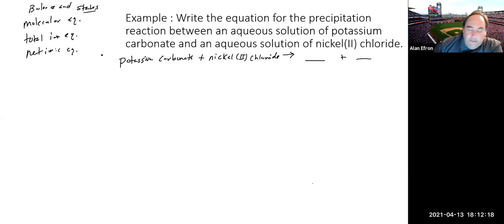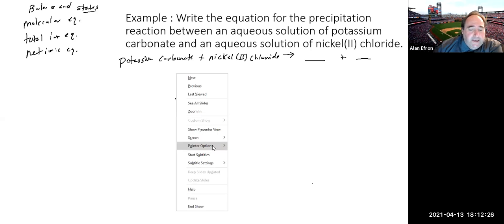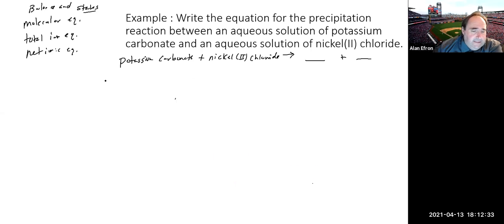Okay, let's take a look and see how you're doing. Before we could get anywhere, we want the molecular equation, which means we need the correct formulas. Here we have potassium carbonate. Potassium is K+, carbonate is 2-, so the correct formula is K2CO3.